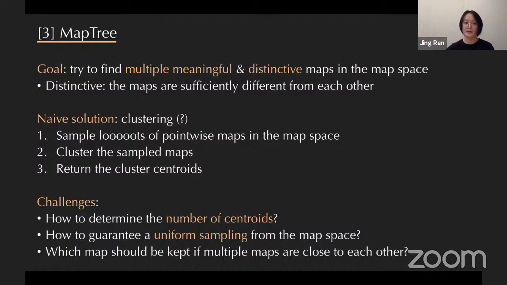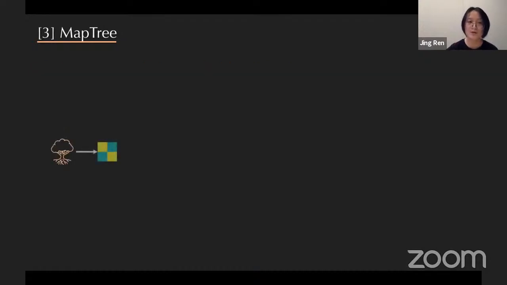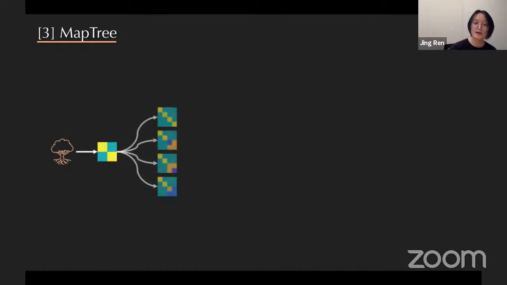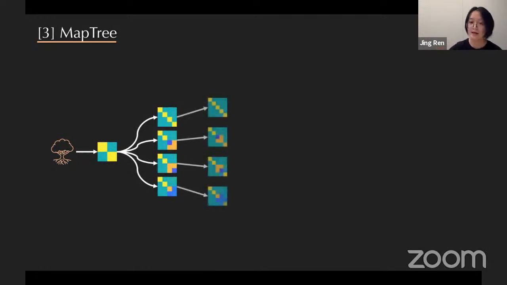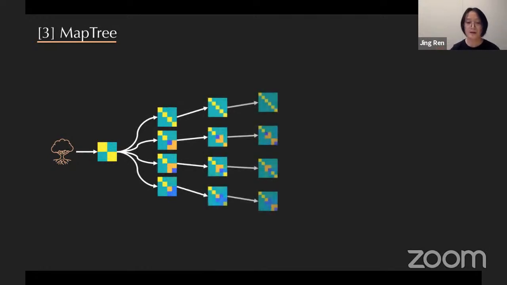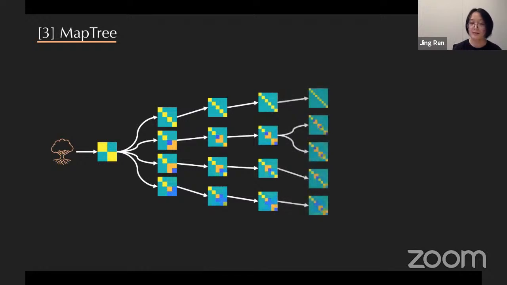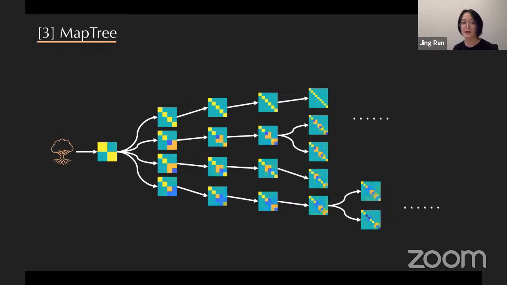So in this project, we propose a tree structure to systematically explore and investigate the search space. We use the functional map as a map representation, and we organize the point-based maps into a tree structure, and this tree expands along the frequency domain.